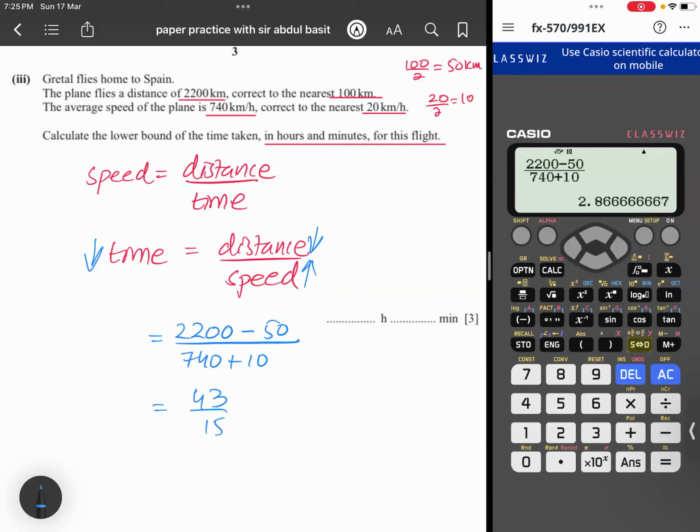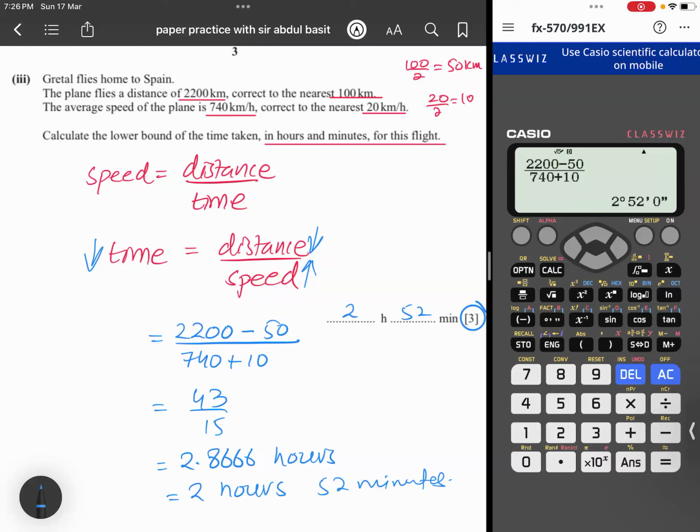Press SND, it is 2.8666 something hours. Now press the time button. So it is 2 hours and 52 minutes. That is for 3 marks.